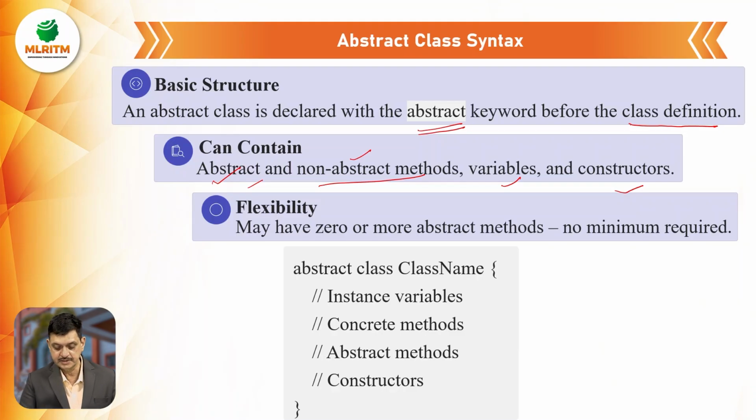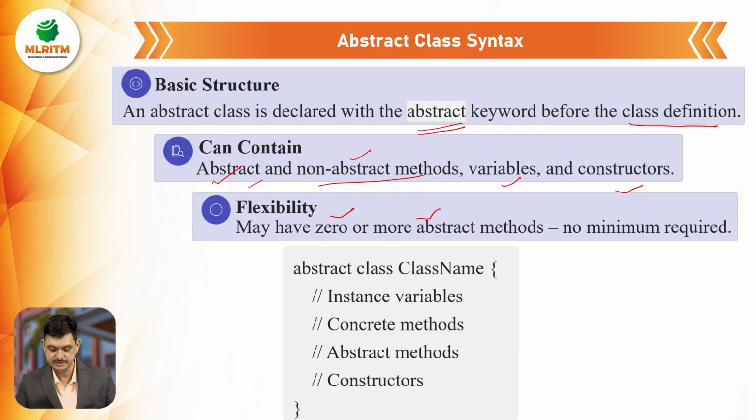So the flexibility provided in abstract classes is that it can have zero or more abstract methods, with no minimum required. Based on the requirements, we can declare variables also, and constructors. Later they can be redefined or completed in the child classes.